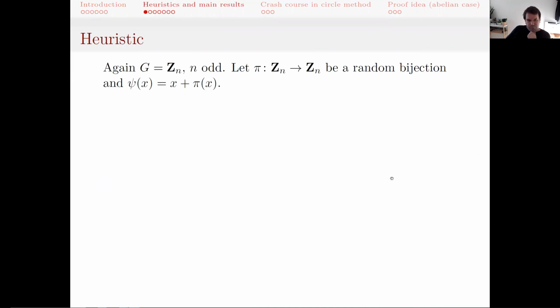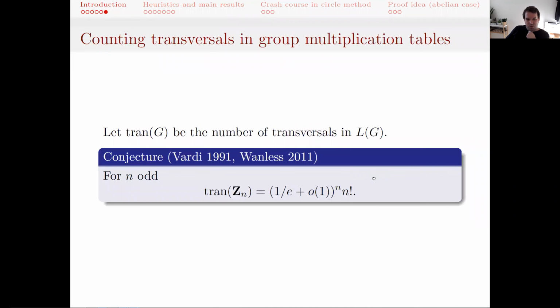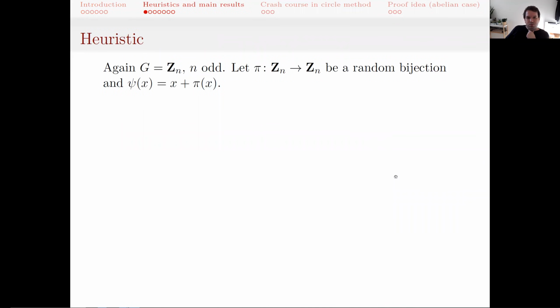Let me now try to convince you that this conjecture is actually very plausible. So you can do the following heuristic. Take Zn with n odd, and then take a random bijection phi from Zn to Zn, and define the function psi to be the sum of the identity plus your random bijection.